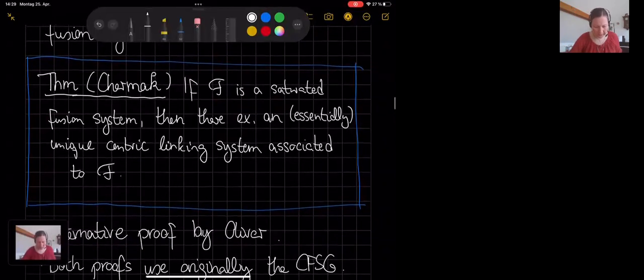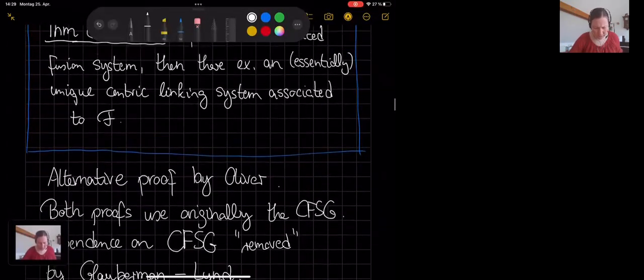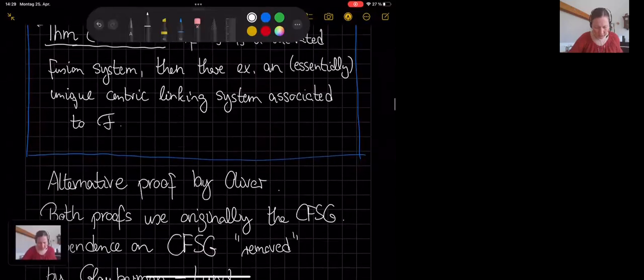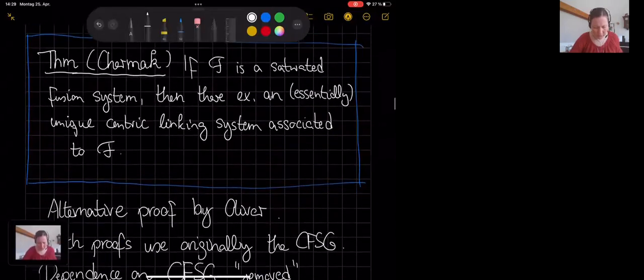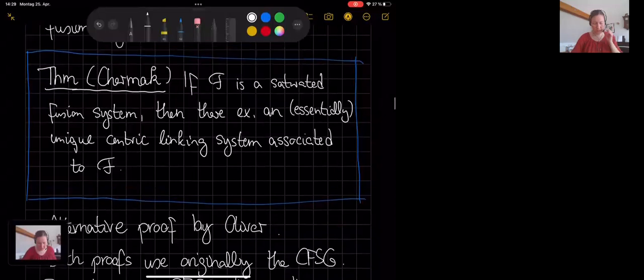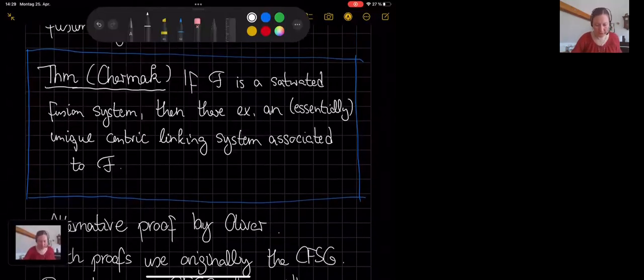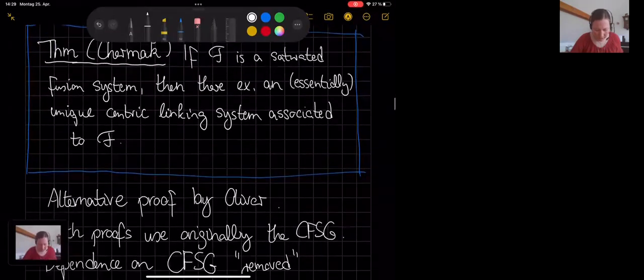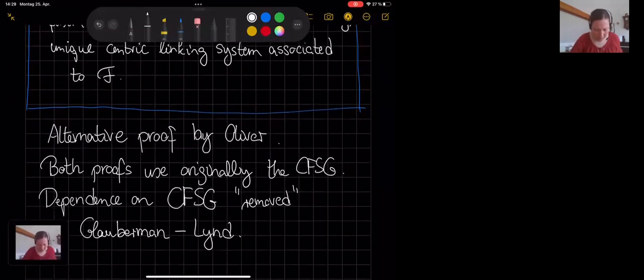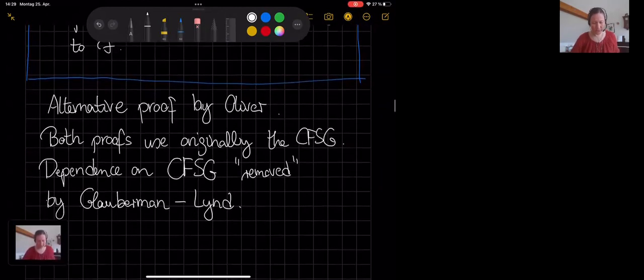So as I said, Chermak proved this first, but then using some idea of Chermak's proof, Oliver also gave an alternative proof, which uses some methods which he developed before with Broto and Levi, so some obstruction theory. Both proofs originally use the classification of finite simple groups, but the dependence on the classification was removed by Libman and Lynd.